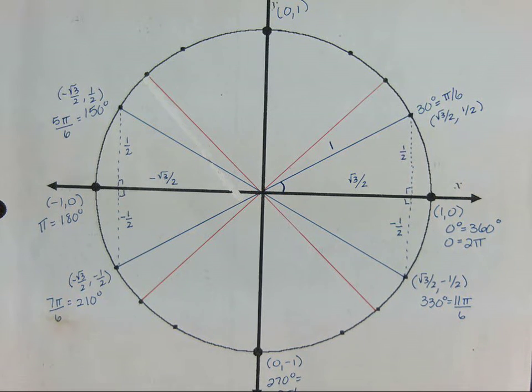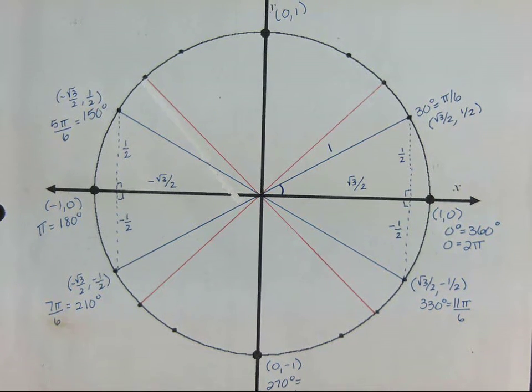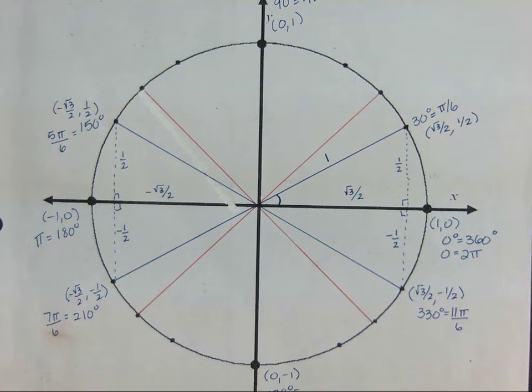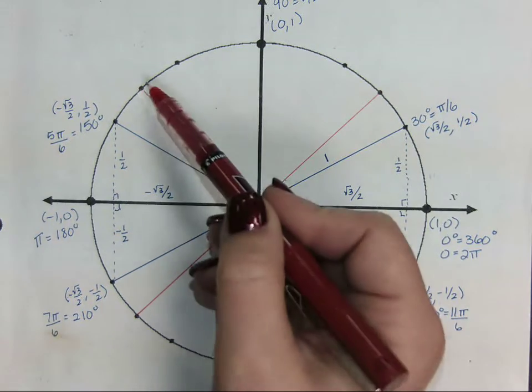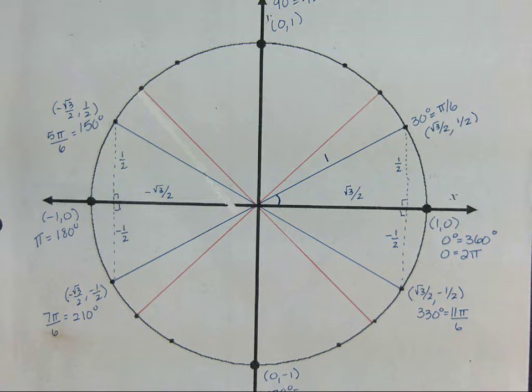All right, so now that I've placed my special 30-degree triangle on my unit circle, I'm going to do the same thing with a 45, 45, 90. And so what I've done here is I've labeled the 45-degree increments, and I'm doing it in another color.